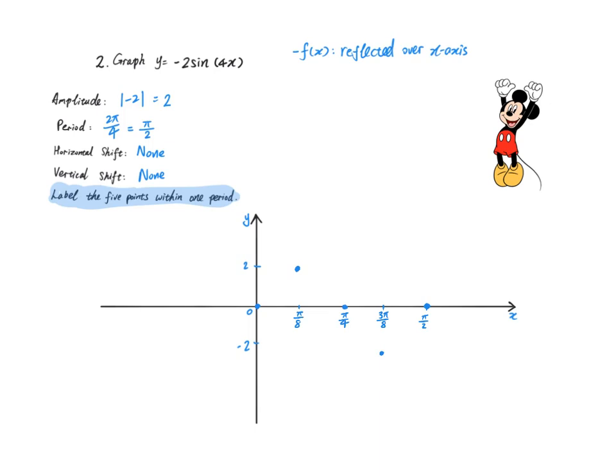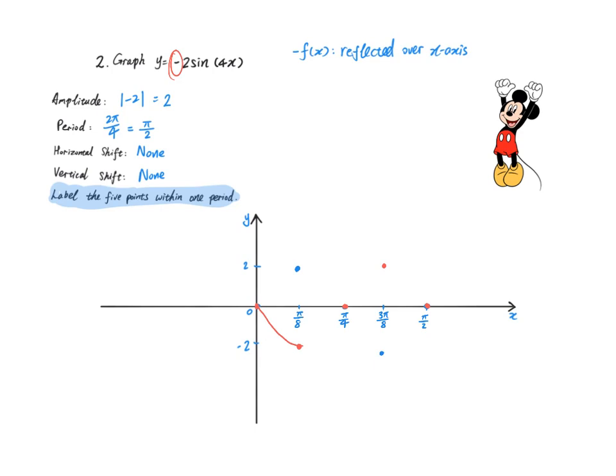How is that going to change our graph? The origin is not going to make a difference, but the maximum point is going to be reflected over the x-axis. The center stays the same, and then the minimum point and the center. So that will be your final graph for negative 2 sine 4x.